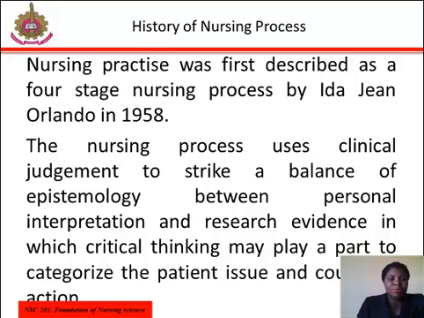Well, let's go back into the history of nursing process. The nursing practice was first described as a four-stage nursing process by Ida Jane Orlando in 1958. The nursing process uses clinical judgment to strike a balance of epistemology between personal interpretation and research evidence, in which critical thinking may play a part to categorize the patient, issue, and course of action.